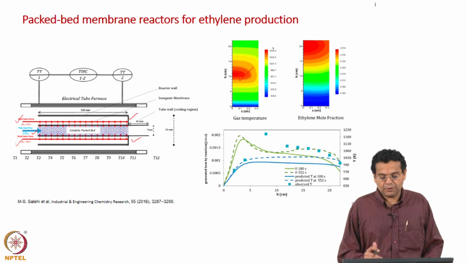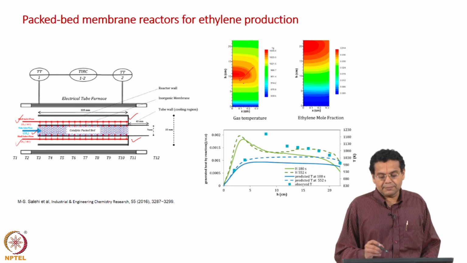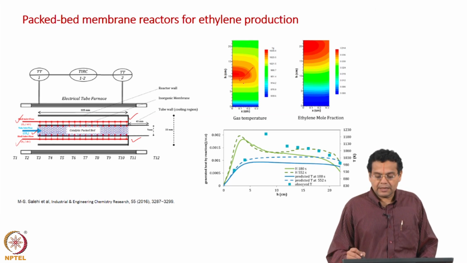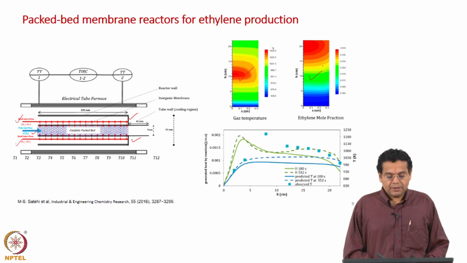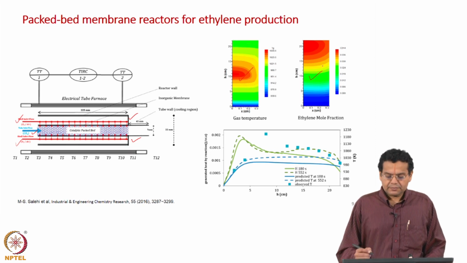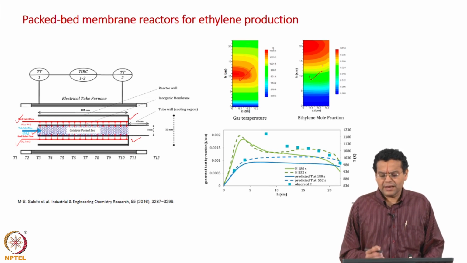So, the temperature profile in the packed bed is predicted, and what is shown here is the ethylene mole fraction, that is our final variable of interest. So, how does ethylene mole fraction vary in the reactor, that is also shown.